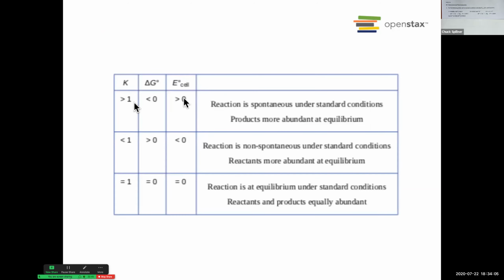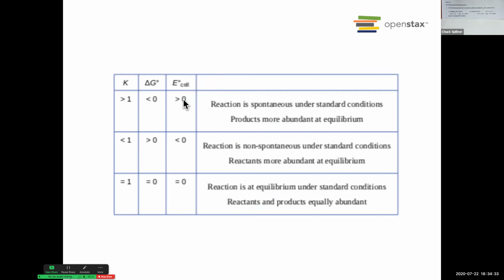And this is a summary of what we already talked about, where these all go together. For a spontaneous reaction under standard conditions, if the equilibrium constant is greater than 1, the free energy change would be less than 0, and the cell potential would be greater than 0.